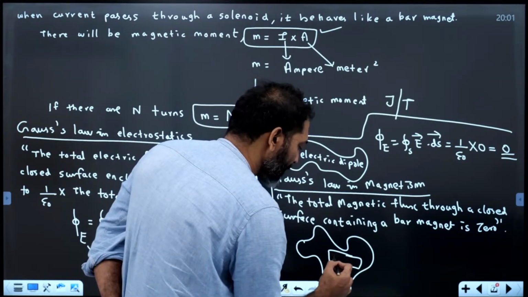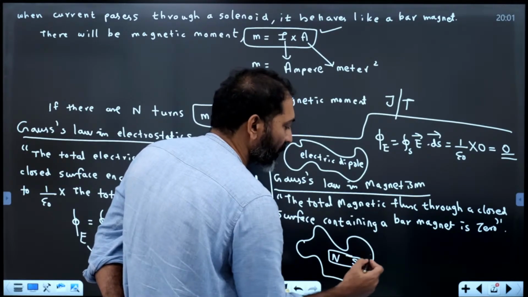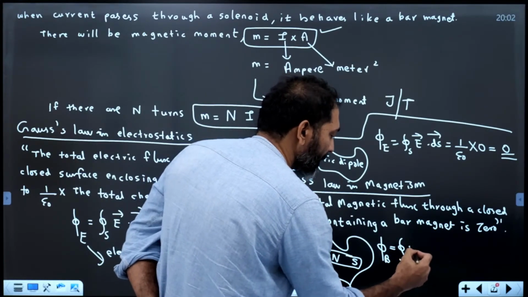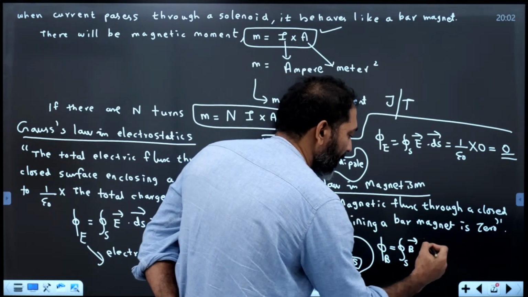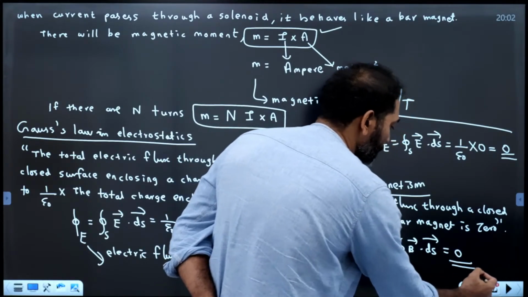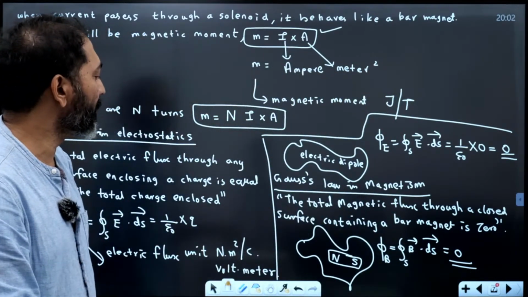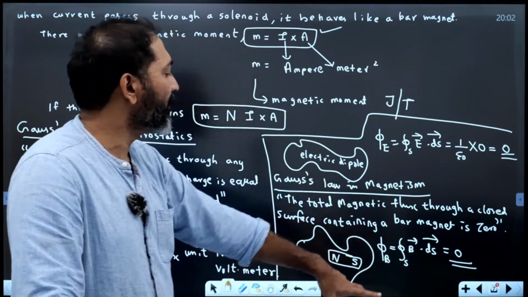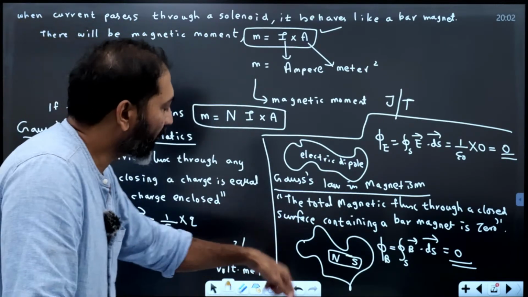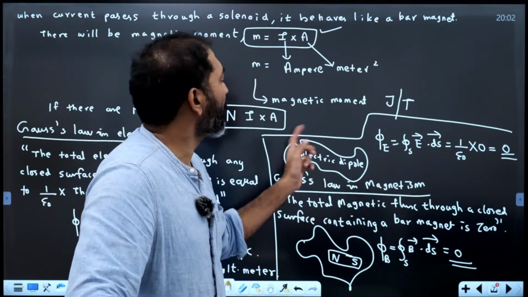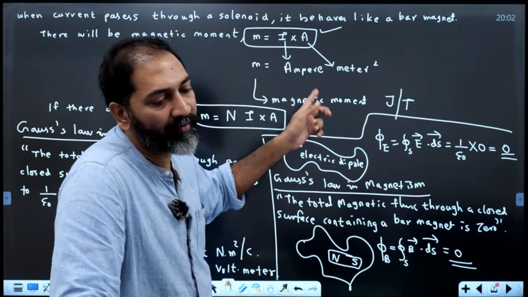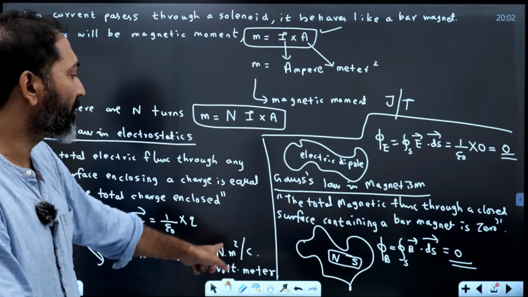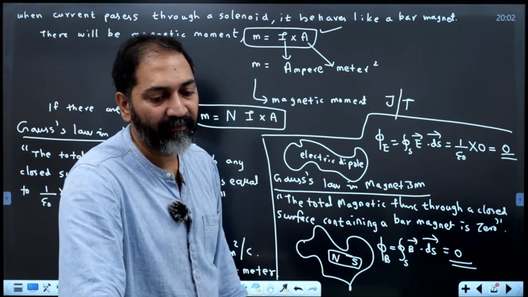If there is a north pole, an equal and opposite south pole is there. So, total magnetic flux is equal to what? Integral over S B vector dot dS vector is equal to 0. Why is it equal to 0? Because north pole strength will be cancelled by the south pole strength. So, total magnetic flux will be 0, similar to the total electric flux through a closed surface which contains an electric dipole. Any doubt? Gauss's law in magnetism is very important.